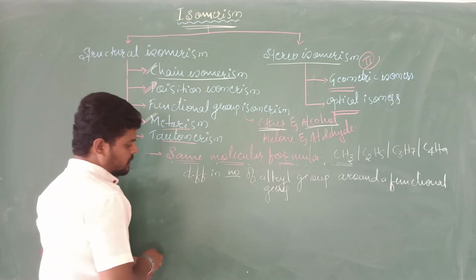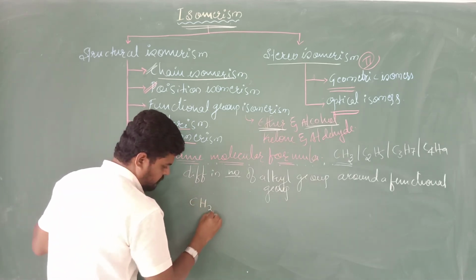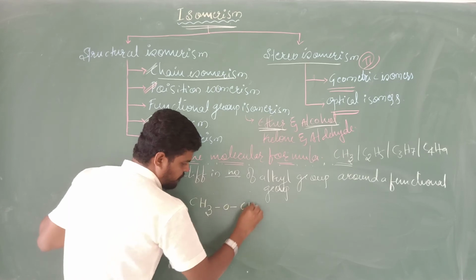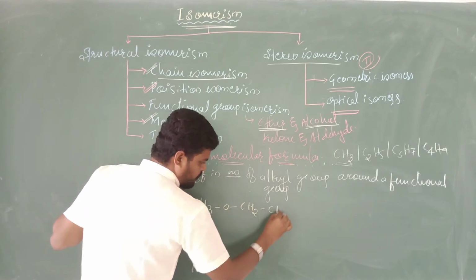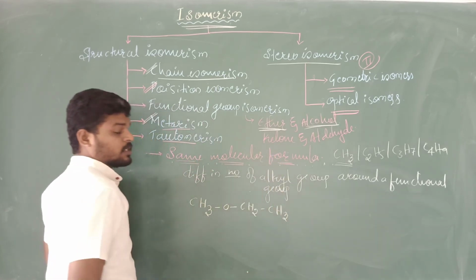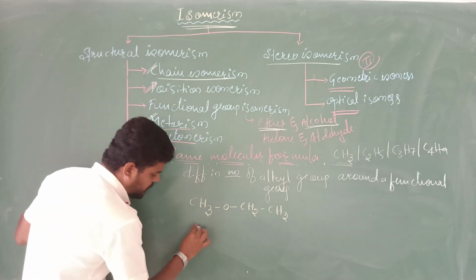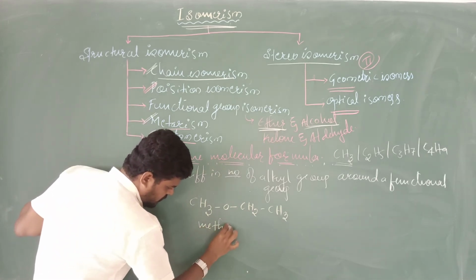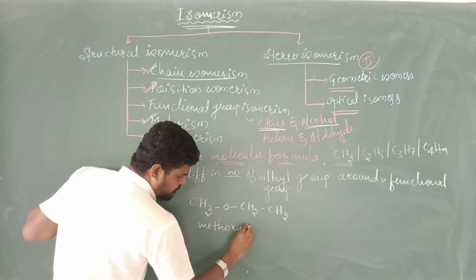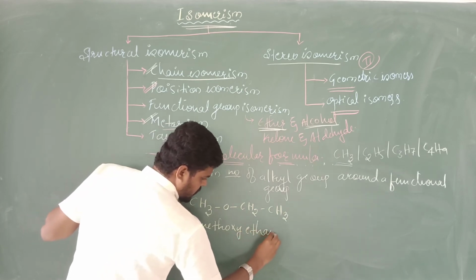So consider an example: CH3O CH2 CH3. The name of the compound will be methoxyethane.